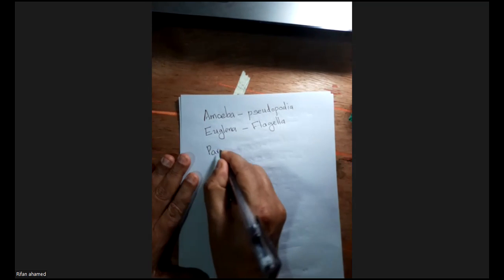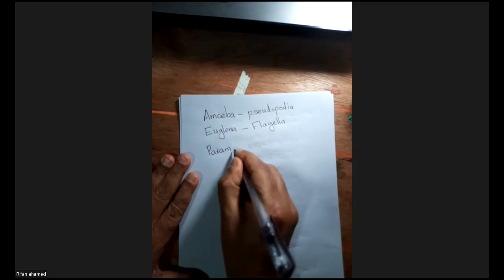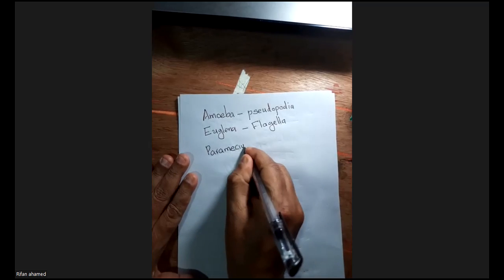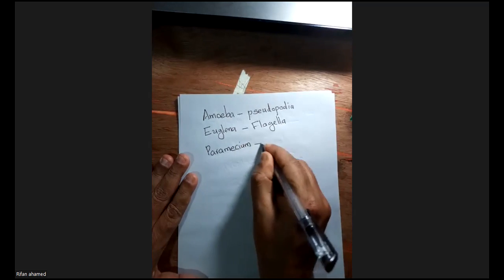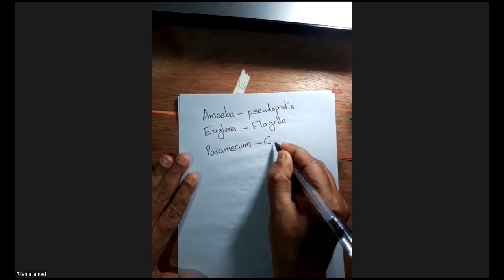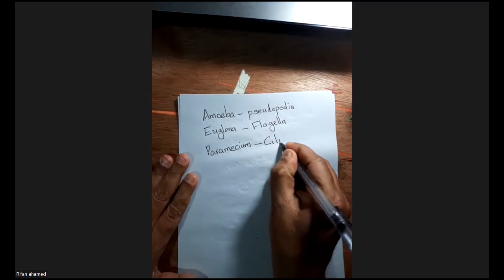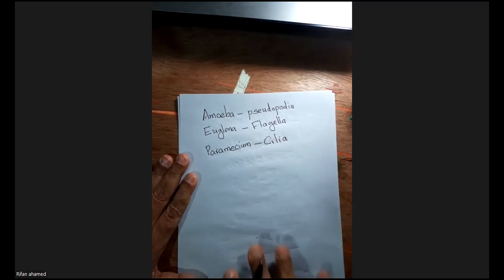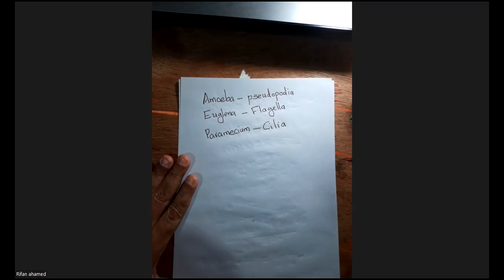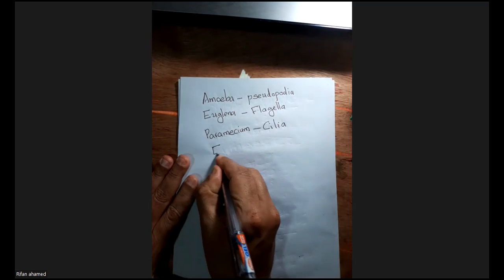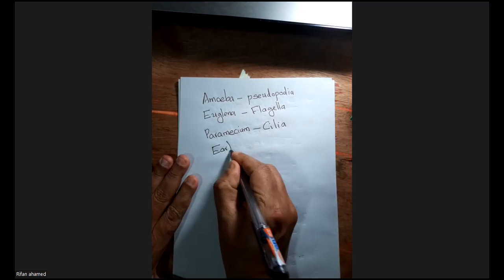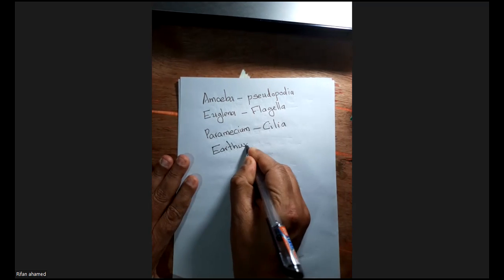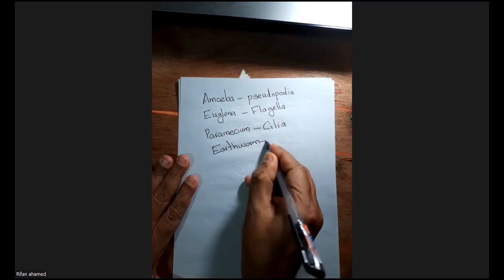Third organism is paramecium. In the paramecium, in the sides, there will be tiny hair-like structures called cilia. Fourth organism given to you is earthworm.